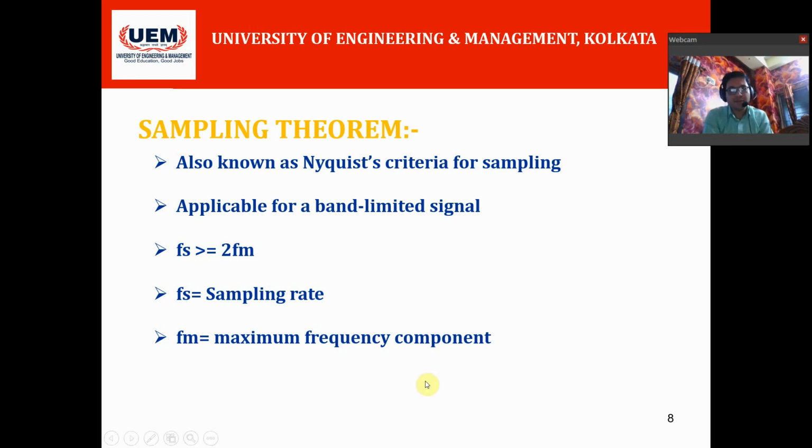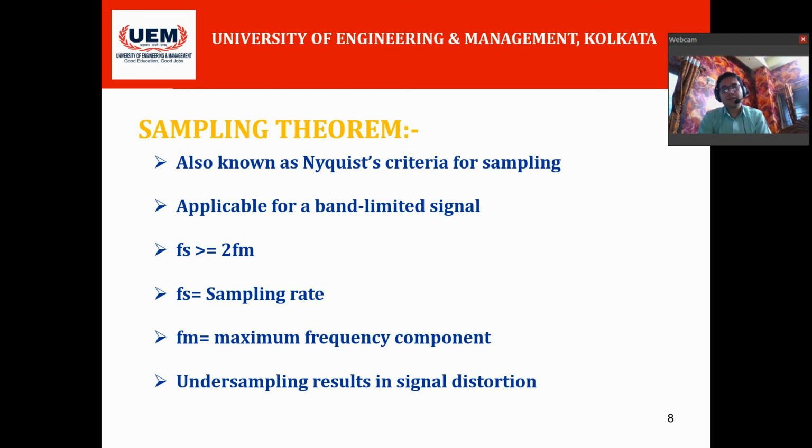So if fm is the highest frequency component, then fs, the sampling rate, must be greater than or equal to twice the maximum frequency component. That is called the sampling theorem.